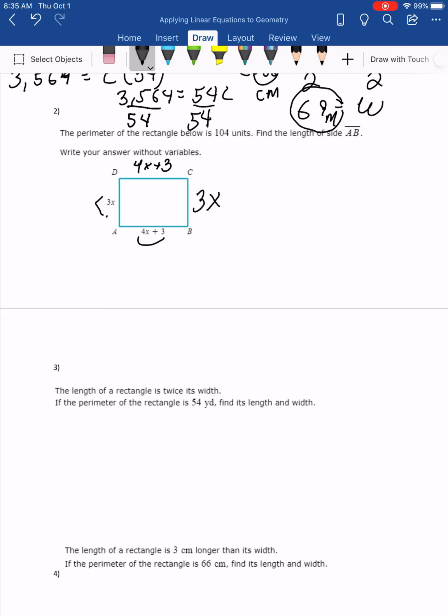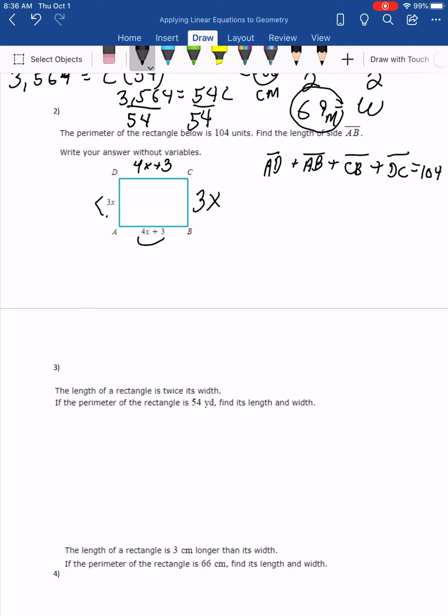So we know side AD, right, the symbol for line segment, plus side AB, plus side CB, plus side DC must add up to 104. There's perimeter, adding all the side lengths.